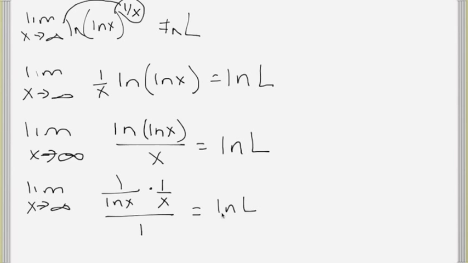So now if I plug in infinity, I get 1 over infinity times 1 over infinity. 1 over infinity is 0, times 0 is another 0. So 0 is the ln of my answer, which means my answer is e to the 0, which is 1.